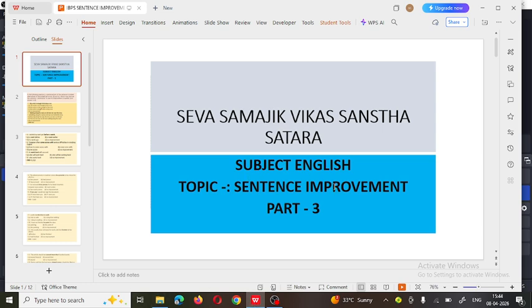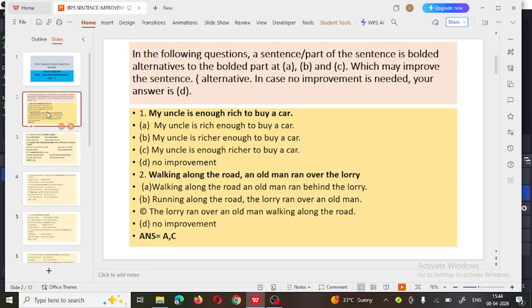Today in our English session, we are going to continue our topic that was sentence improvement. So here is the question on the screen. In the following question, a sentence or a part of a sentence is bolded, and alternatives to the bolded part, that is A, B, C, are given, which can improve the sentence.